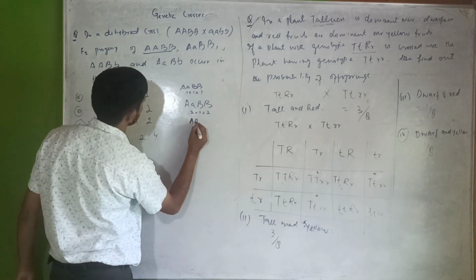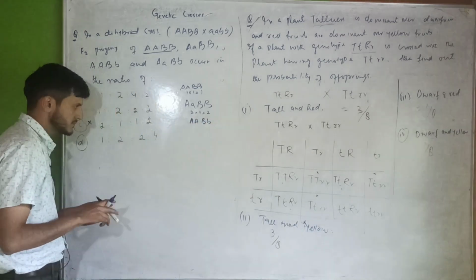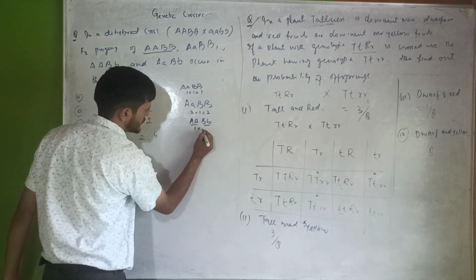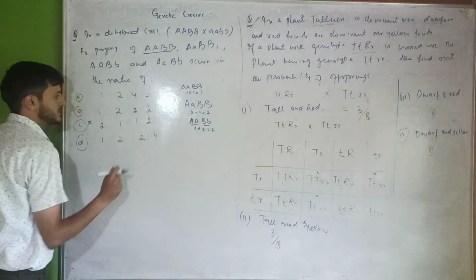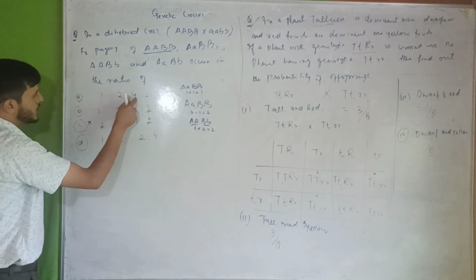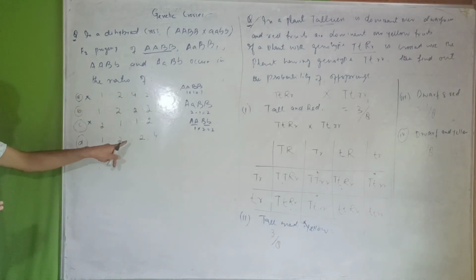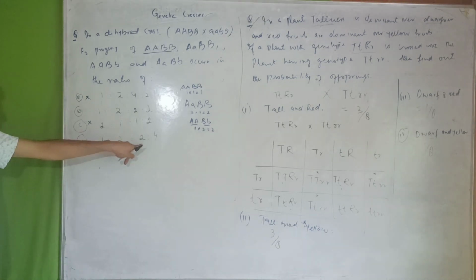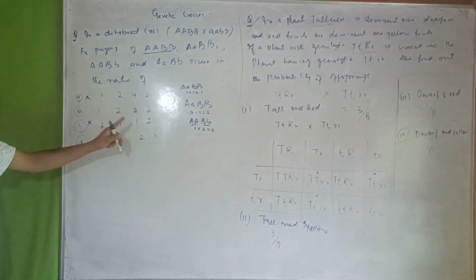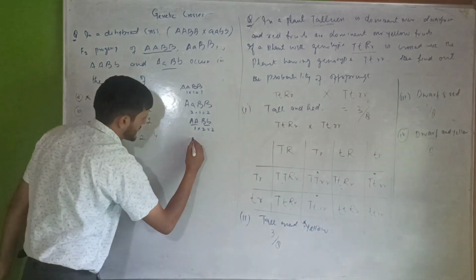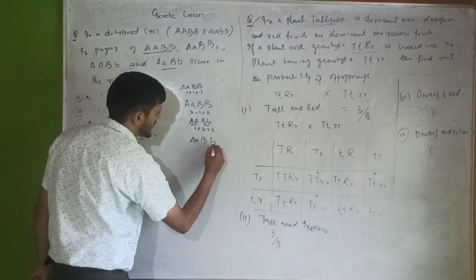Now we move to the third: capital A capital A, capital B small b. Homozygous is 1, heterozygous is 2. 1 and 2 means 2. Option A has 4, so option A is eliminated. Now there are two options, either B or D. Now we move to the fourth: capital A small a, capital B small b.